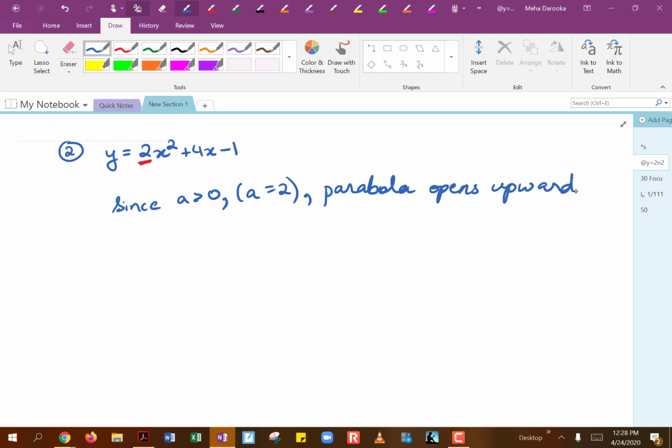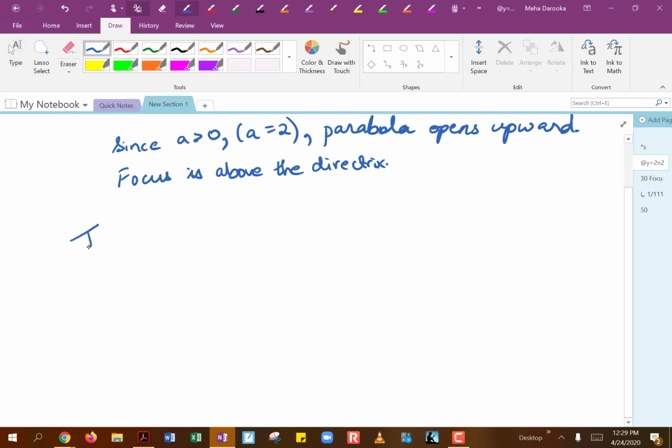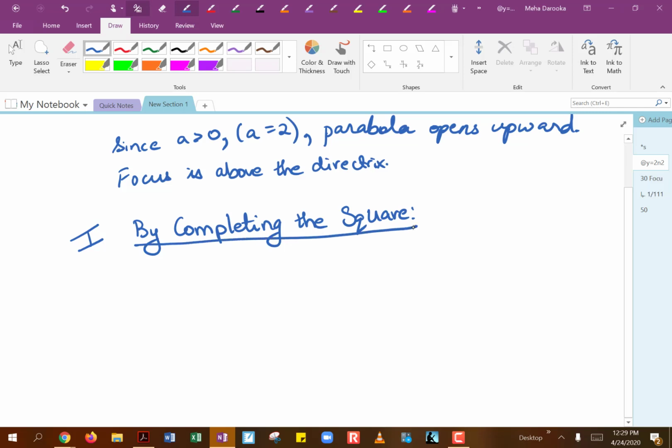And if the parabola opens upward, that means the focus is going to be above the directrix. Okay. Alright, so first method we are going to look at is by completing the square. And you had actually seen this method in section 3.1.